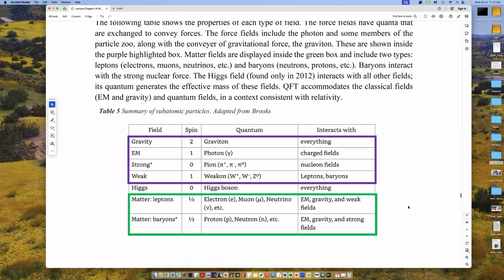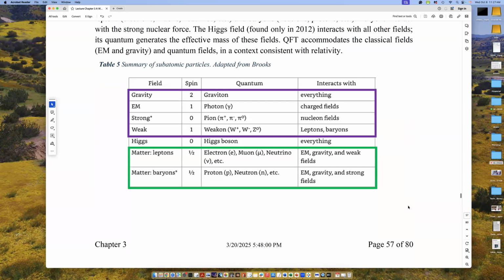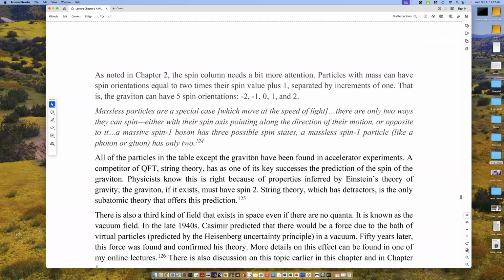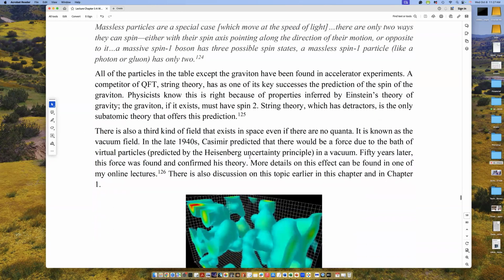And now it is in full use to describe the components of atoms, namely protons, neutrons, and electrons, as well as all these other particles that are part of the subatomic world. And we'll talk about this more in future lectures.